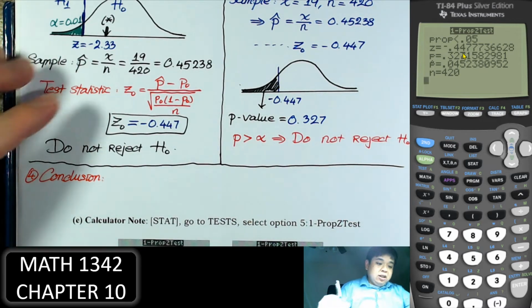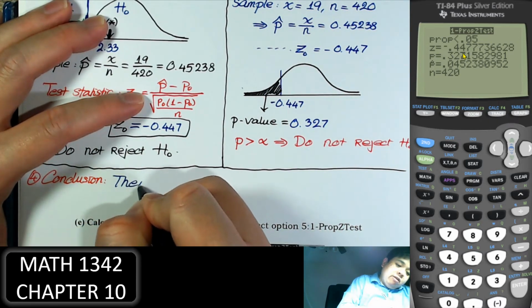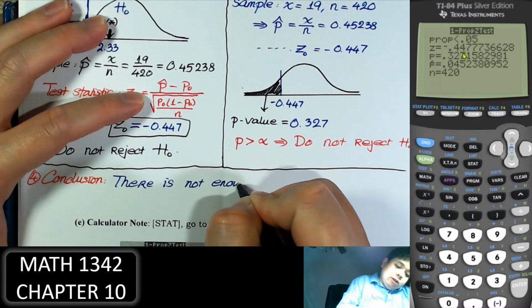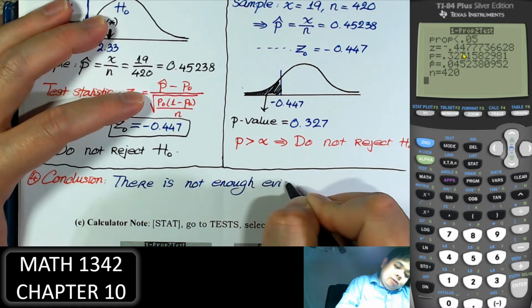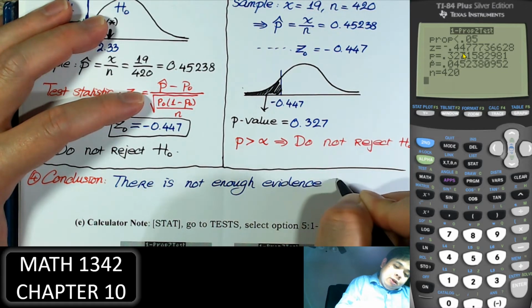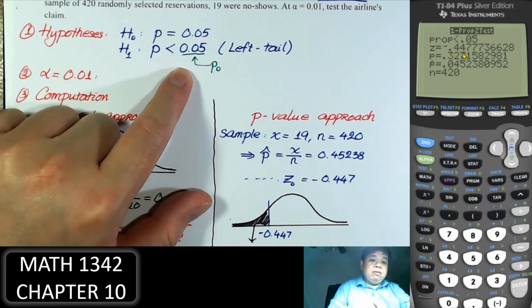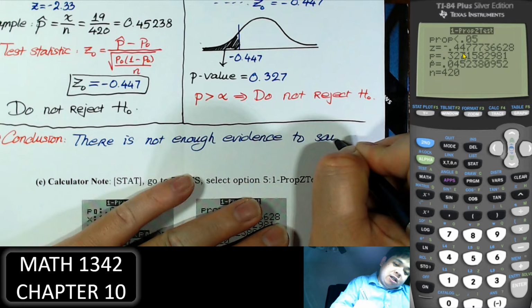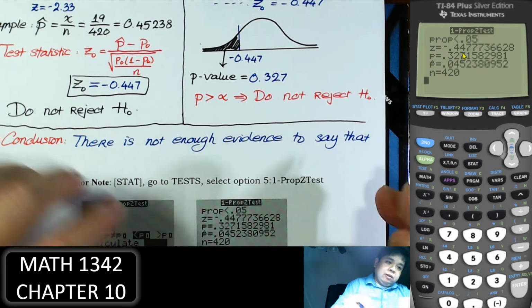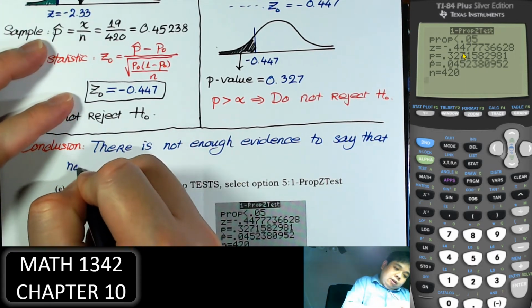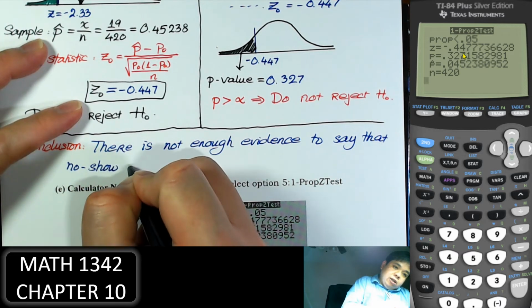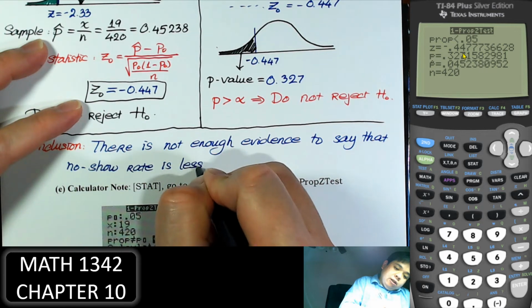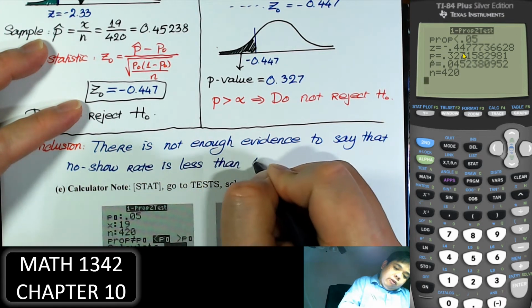We do not reject, so there is not enough evidence to support the claim that the no-show rate is less than 5%.